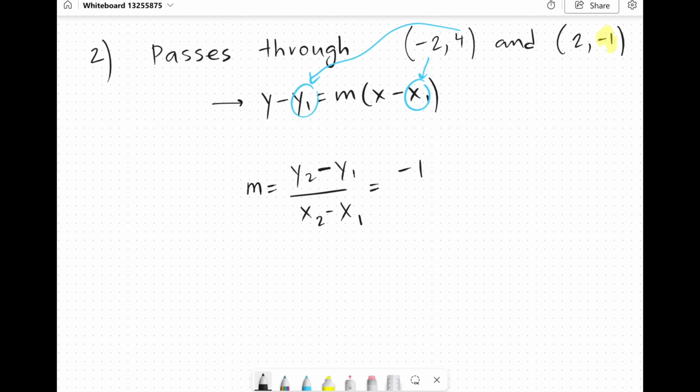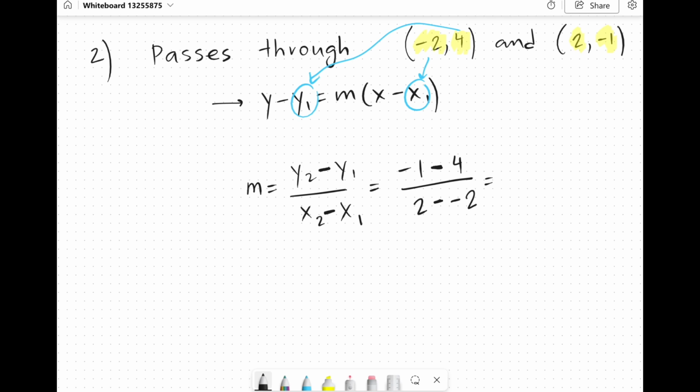The formula tells me to minus, so I'm going to repeat the minus, and then y1 is the y of the first point, which is the 4. All over, x2 is the x of the second point, that's 2. Formula tells me to minus, so I'm going to minus, and then x1 is the x of the first point, which is -2, and it has its own negative, hence double the negative.